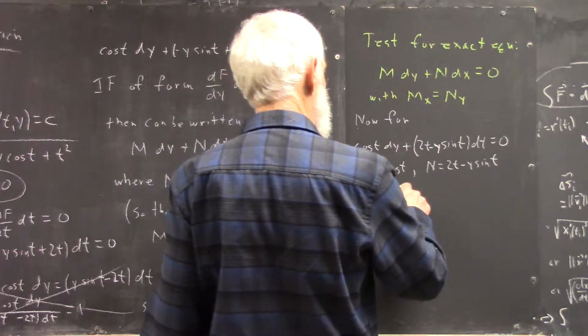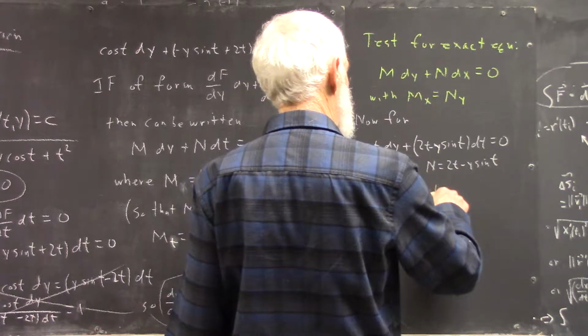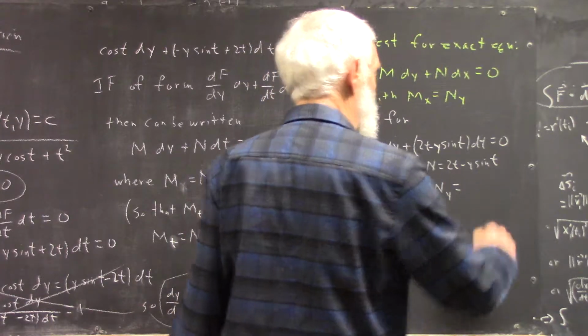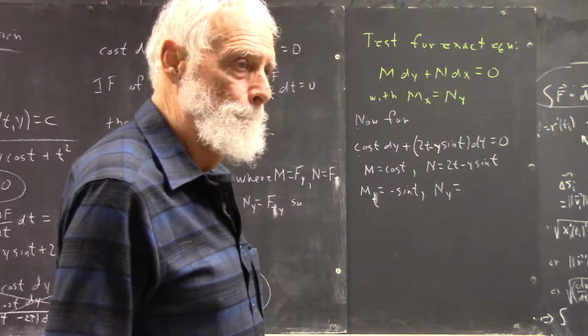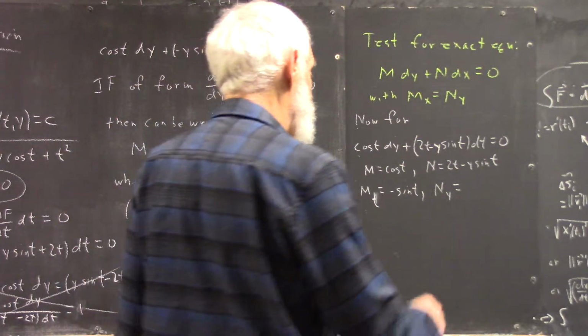M_t is negative sine t. And N_y is what? Negative sine t. Yeah.